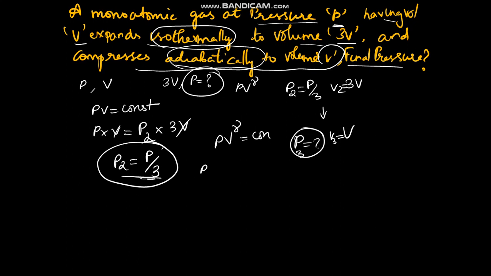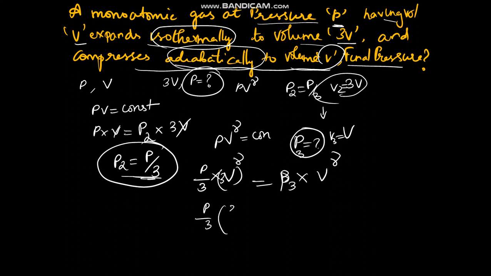So P2 is P by 3 into (3V) whole gamma, because here volume is 3V, that is equal to P3 into final volume V, so V gamma. So P by 3 into (3V divided by V) to the power gamma is equal to P3.